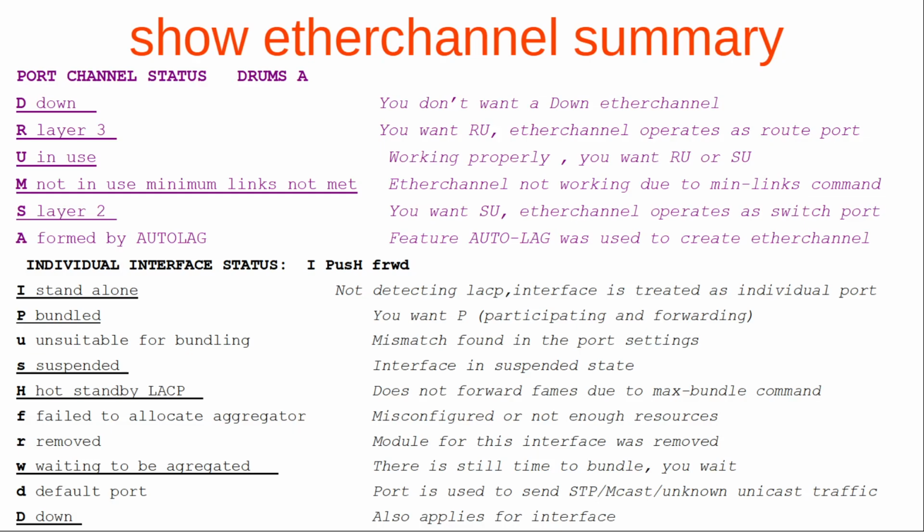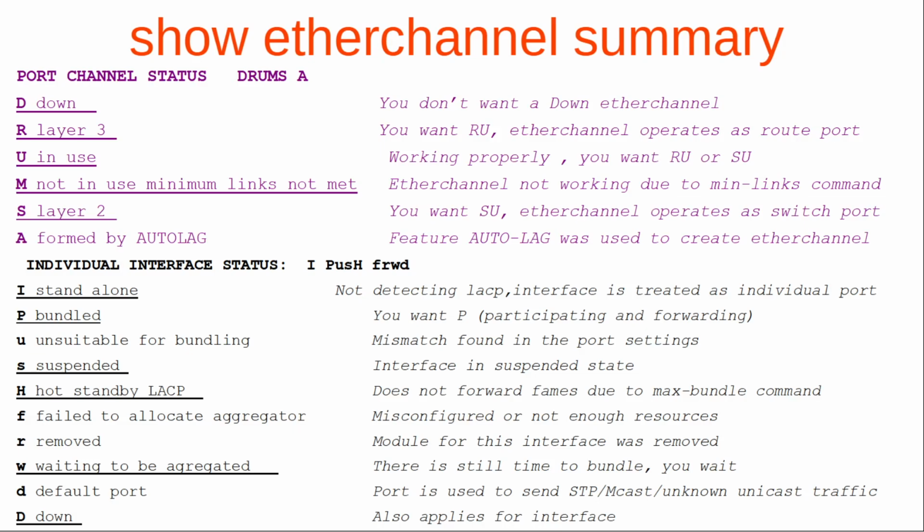If you see a capital R, that means that your EtherChannel is running in layer 3. That means that it has an IP address. If you see a capital letter S, that means that your EtherChannel is running in layer 2 mode, like an access or trunk. If you see a letter U, that means that the EtherChannel is up. That is what you want to see.